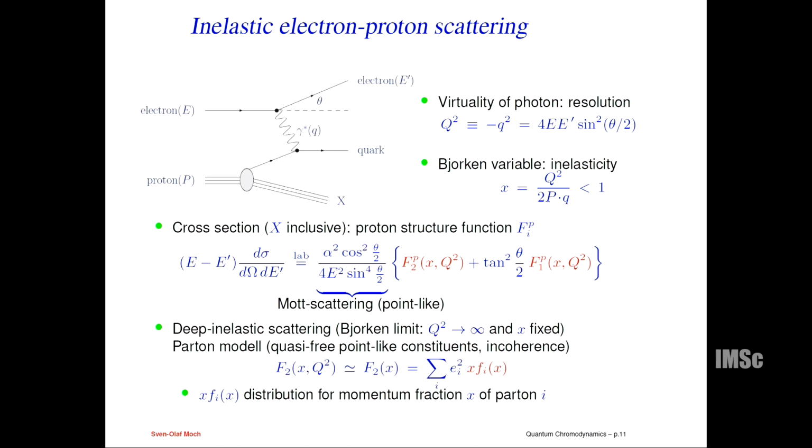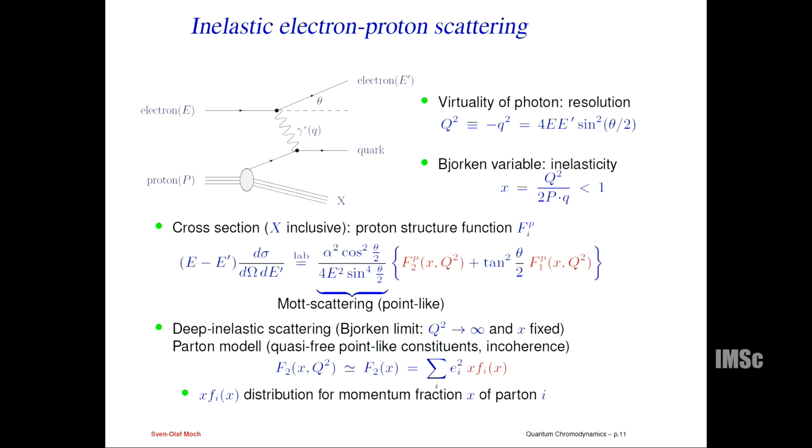And then in deep inelastic scattering, if we go to the Bjorken limit, taking Q squared to infinity and keeping x fixed, the parton model in first approximation tells us that those structure functions are simply a sum of charge-weighted products of all the parton distributions that we have in the proton.